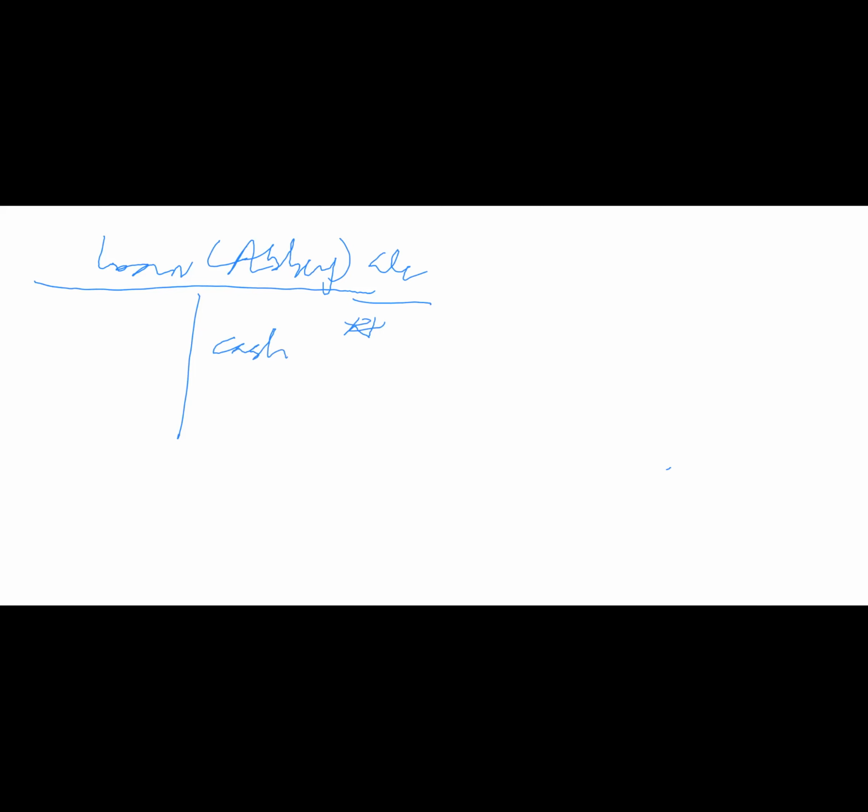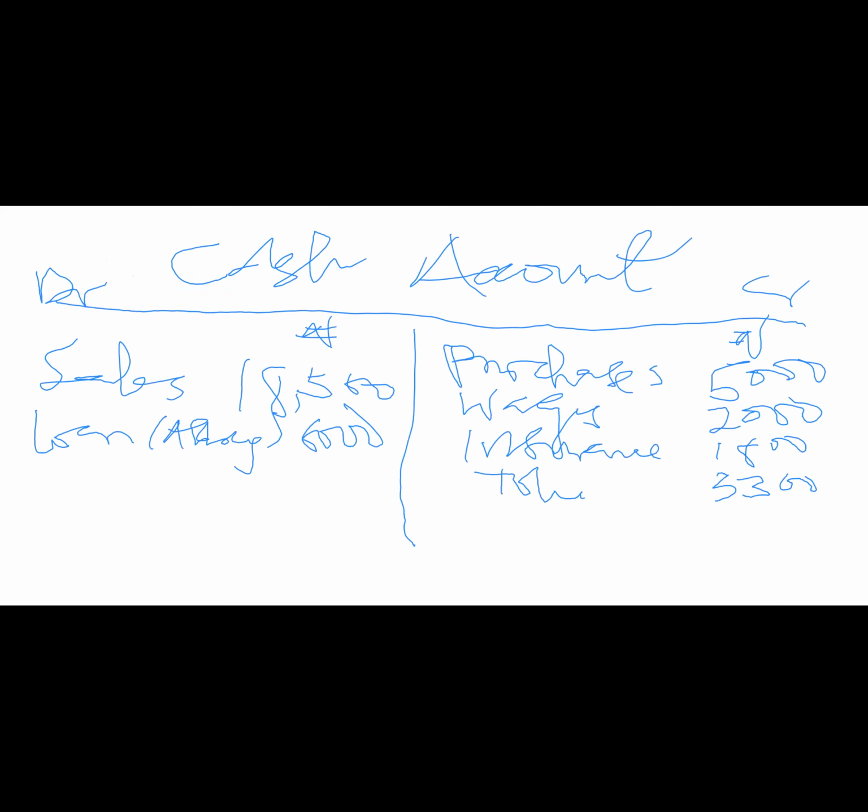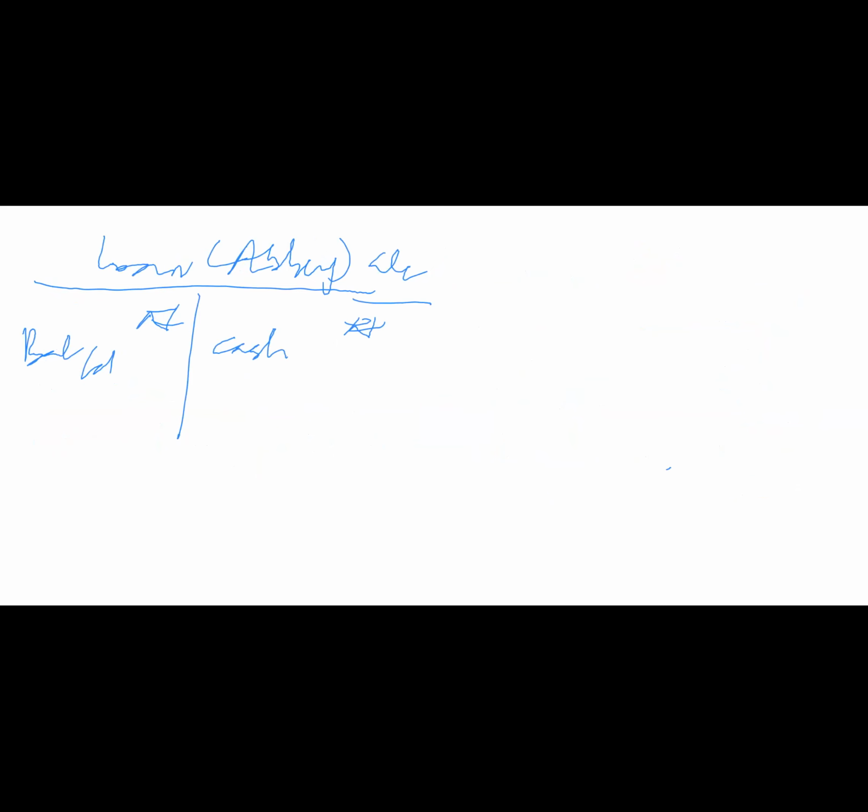The loan is 6,000 naira. So from there we have the balance BD of 6,000 naira.